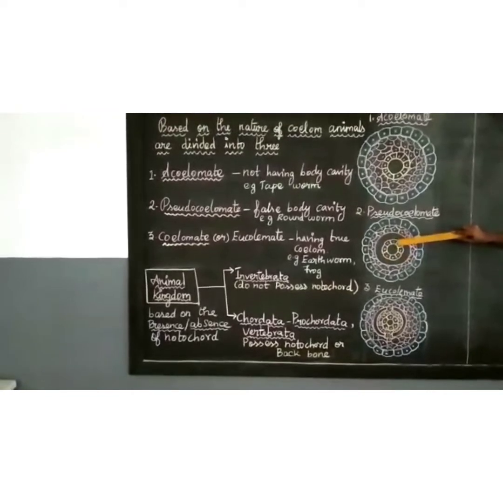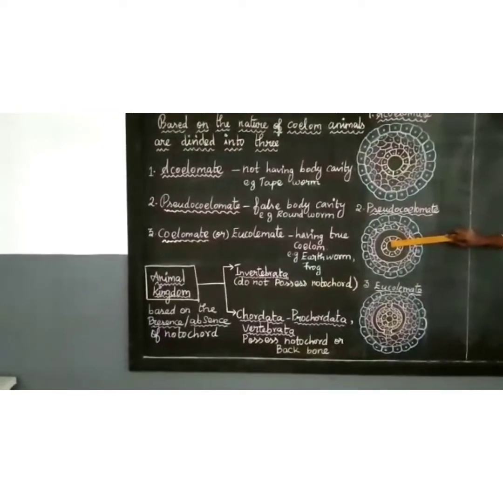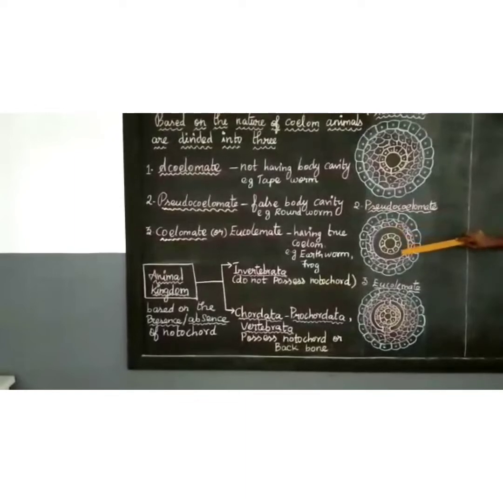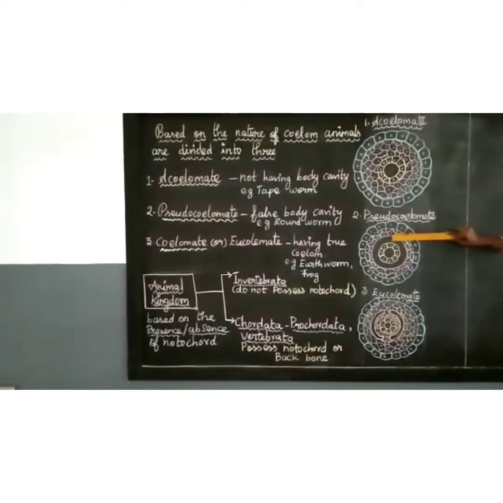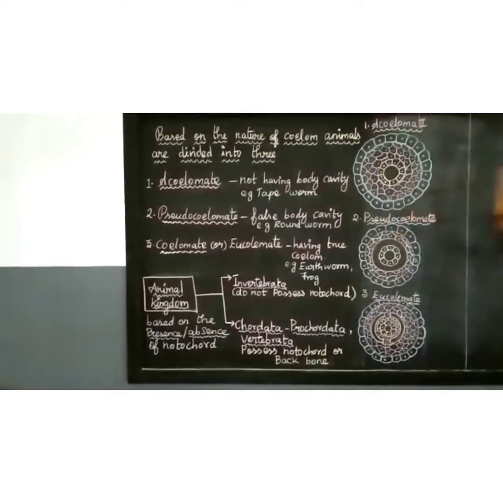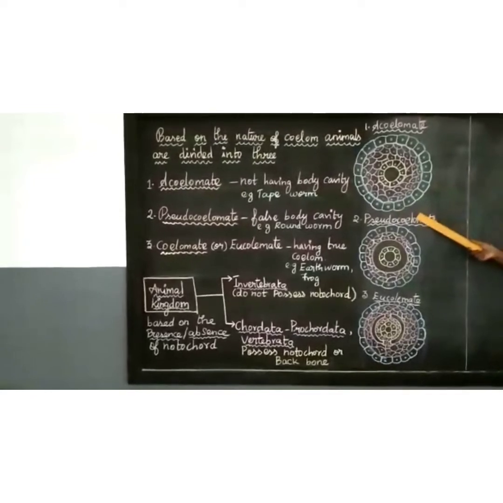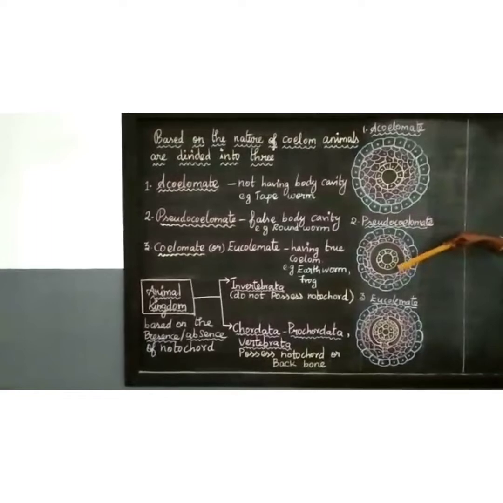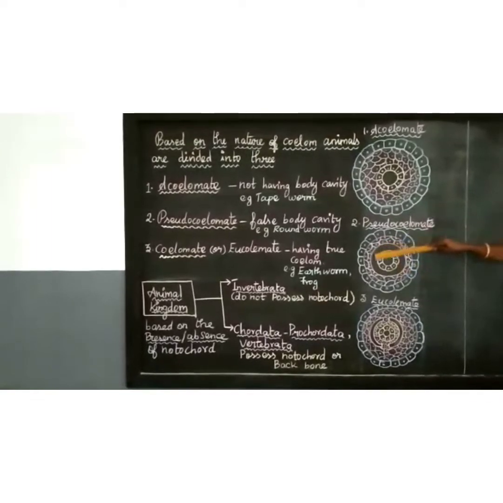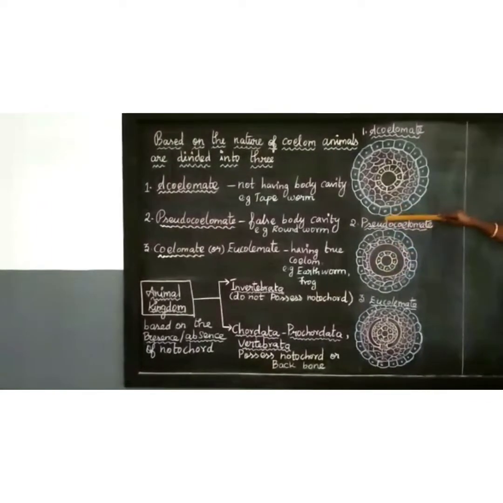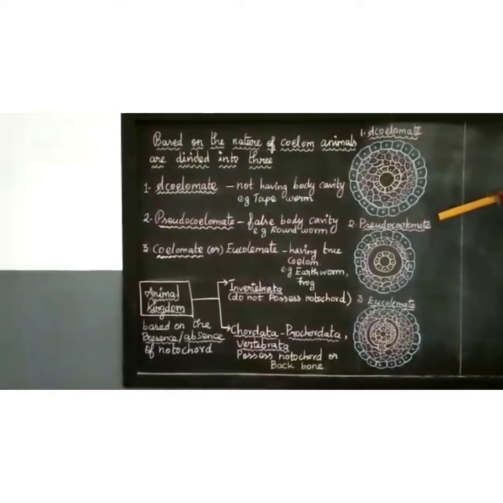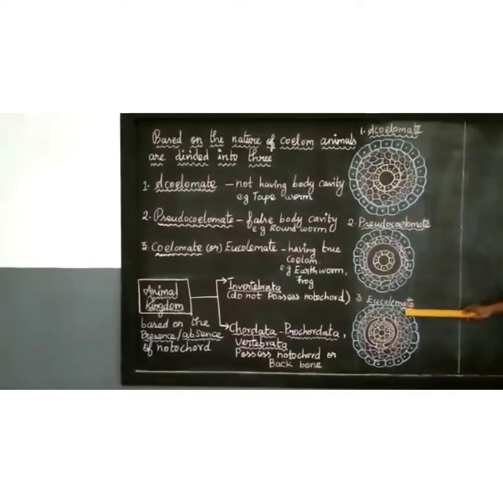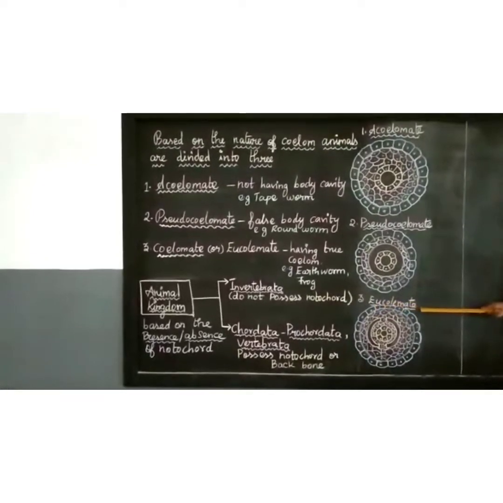Here this is the endoderm, this is the gut cavity. So there is some space in the mesoderm. This is called false coelom. Here the coelom is not complete. Here the mesoderm is merged with the coelom, so it is called pseudocoelomate.